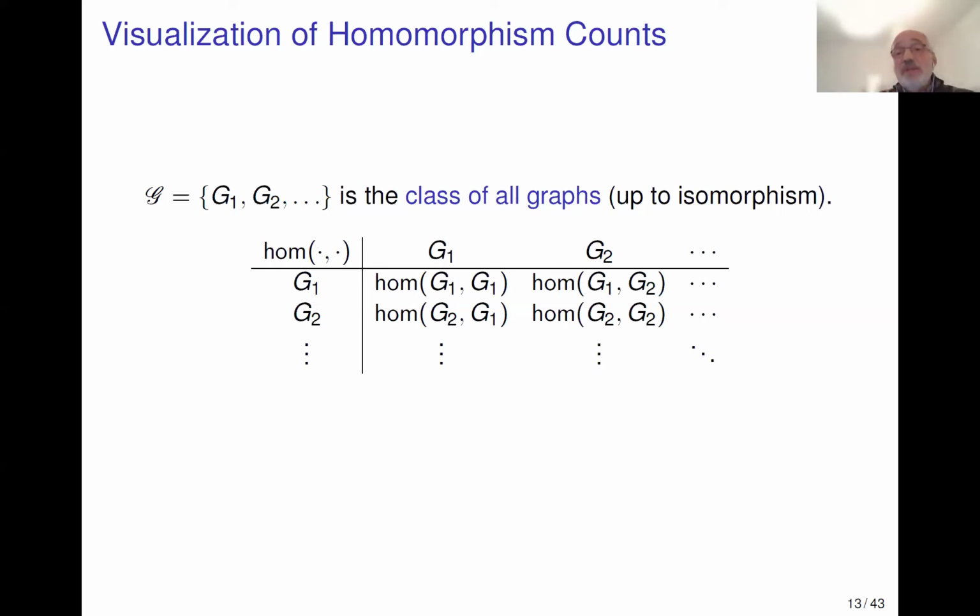And now make an infinite matrix where on the rows and the columns, you list these graphs. And in every cell, you have the number of homomorphisms from one graph to the other. So in the second row and the first column, you have the number of homomorphisms from G2 to G1. So this is a way to visualize the homomorphism counts.